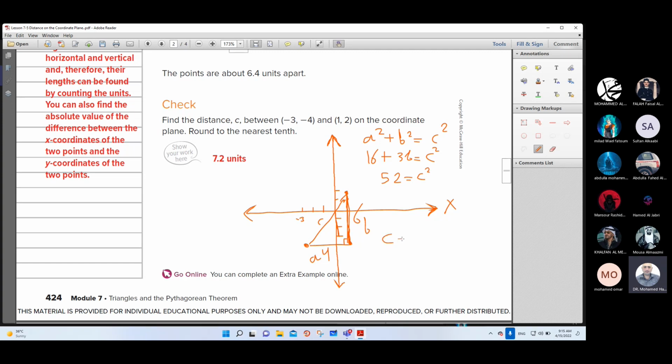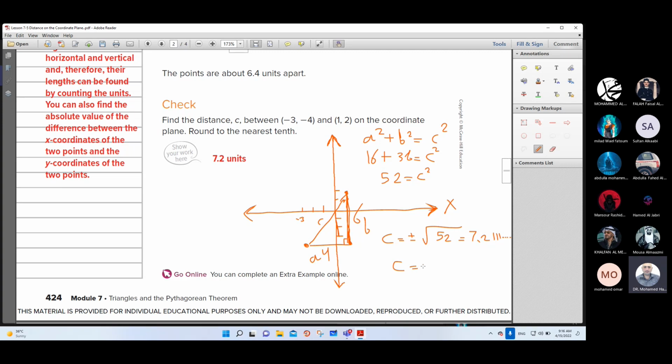So the value of C, take the square root of 52 and choose the positive value, because here we have a side. If you want to find the square root of 52, the answer will be about 7.2111, etc.